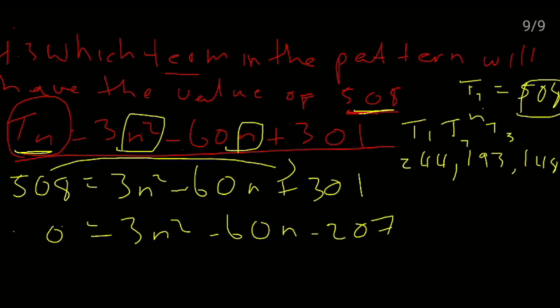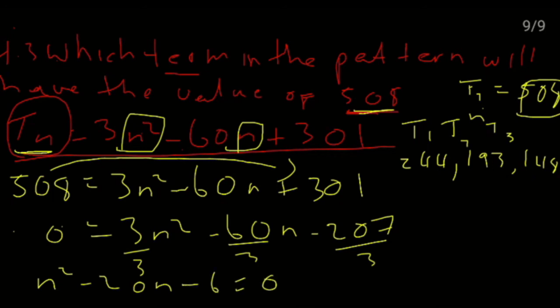Let's try to simplify this by dividing everything throughout by 3, meaning we are going to be left with n squared minus 60 divided by 3, which is minus 20n, and then 207 divided by 3, which is 69. It's minus 69 equals 0.